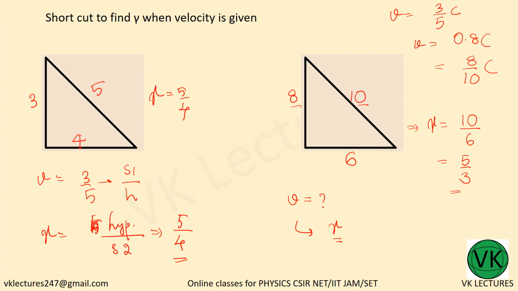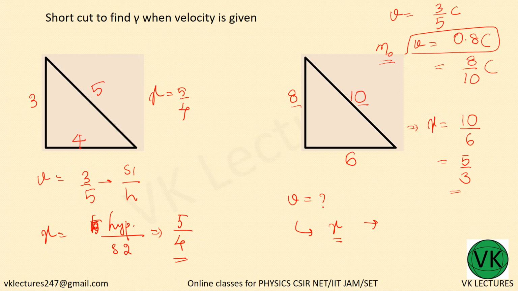For example, a particle of mass m naught is moving with a velocity equal to 0.8 c. What is the mass of the particle? At rest, the rest mass is m naught, and this particle is moving with v equal to 0.8 c.